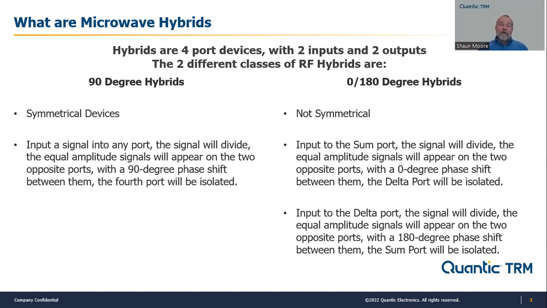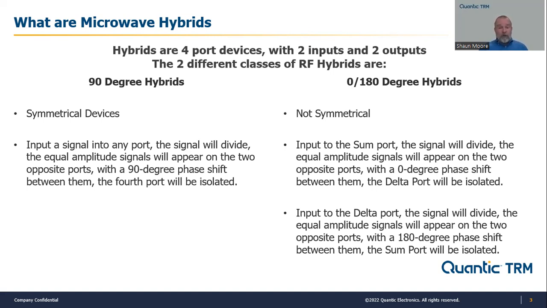So if you inject a signal into one of the ports, the signal will divide essentially in half, 3 dB out on each one of the ports. One will be at 0-degree phase and one will be at minus 90-degree phase. The 4th port, or the second input, will be isolated from the other input. This can be very useful for a lot of applications, which we'll talk about going forward.